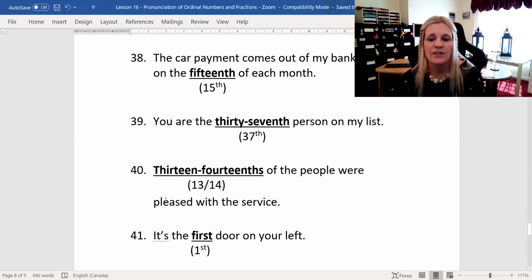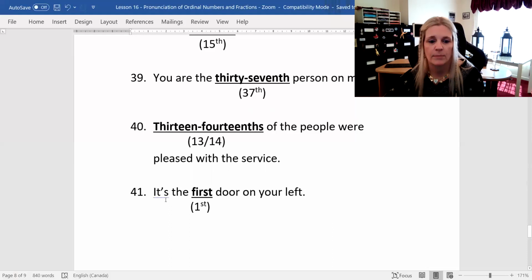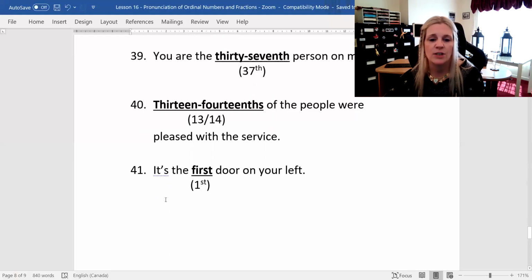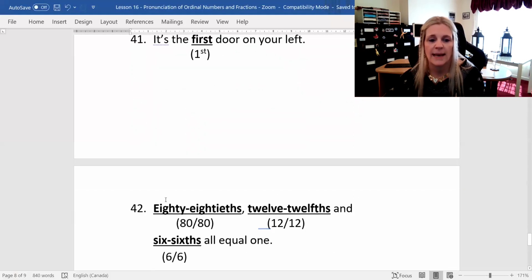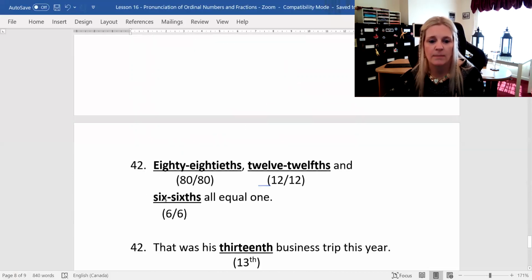13/14 of the people were pleased with the service. It's the first door on your left. 80/80ths, 12/12ths, and 6/6ths all equal 1.